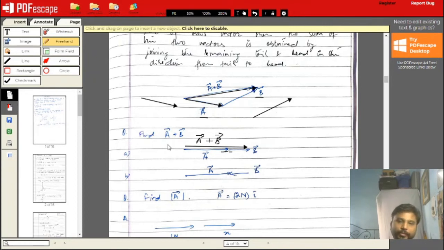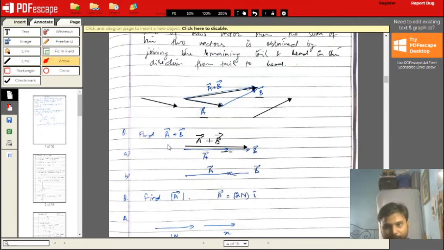Next, A and B, they are both opposite to each other, right? So now the tails and heads are coinciding. These are co-terminal vectors. You cannot directly add them. So what we do is that we shift some vector. Let's say we want to shift the smaller vector, B vector.